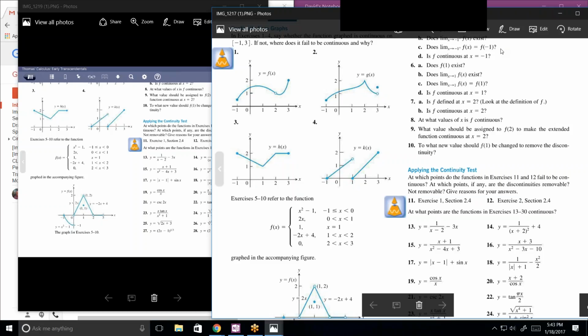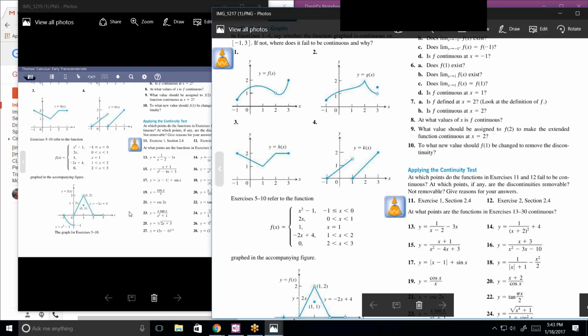Yes. Okay. Is f continuous at x equal minus 1? Yes, because it's a point. In other words, it doesn't go to the left of that, but it doesn't need to. I can draw it to minus 1 and stop. All right. Okay. Now, number 6 is where it talks about, does f of 1 exist?